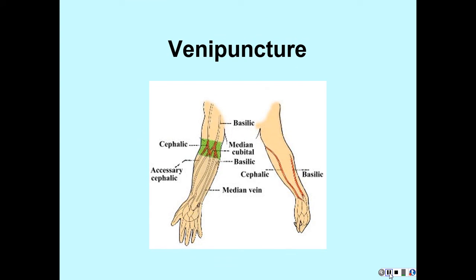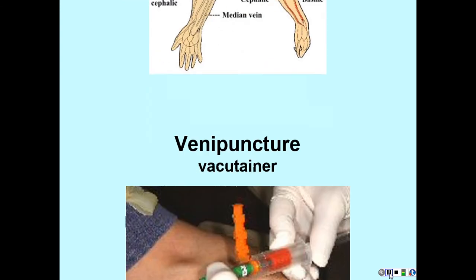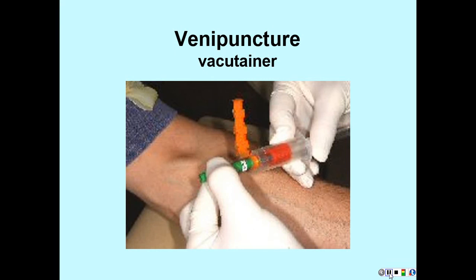And most of the time you're going to be using what we call a vacutainer. And this is the vacutainer here. Your blood collection tubes have a suction on them.